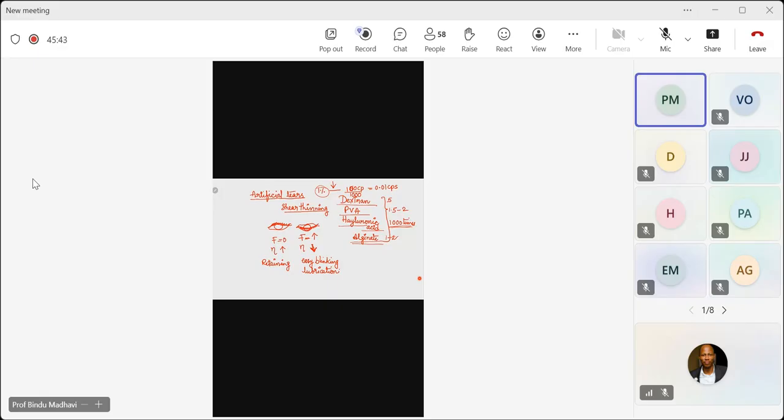The moment joints start moving, it is the shear which is acting on the fluid. It will start getting thin. There will be a drop in viscosity, and that will facilitate easy movement of the bones. So that is the application of rheology in the preparation of artificial tears or artificial lubricants required for the body mechanisms.